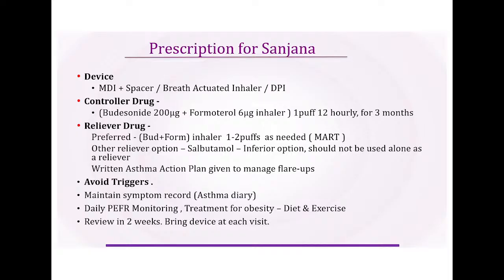The current recommendation suggests it should not be used alone as a reliever, especially in the more than 5 years age group. Written asthma action plans should also be given to manage flare-ups. Avoid triggers, maintain the symptom record, an asthma diary, and Sanjana has to take daily peak flow readings. Treatment of obesity is also important, and review after 2 weeks.